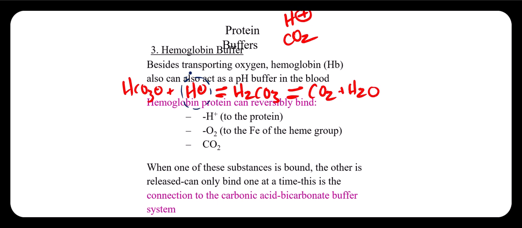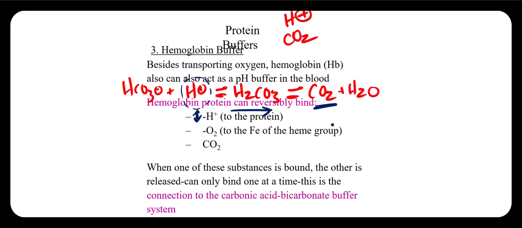Or hemoglobin can come along and give me some hydrogen ions. They were bound to it, it let go of them, now they're in solution. Raised my hydrogen ion concentration, lowered my pH. Or hemoglobin can come along and bind carbon dioxide, lowering my carbon dioxide concentration, making me shift my equilibrium towards it, lowering my hydrogen ion concentration.